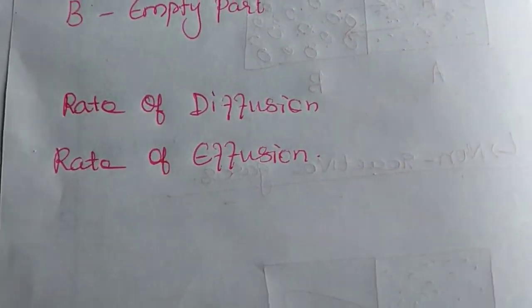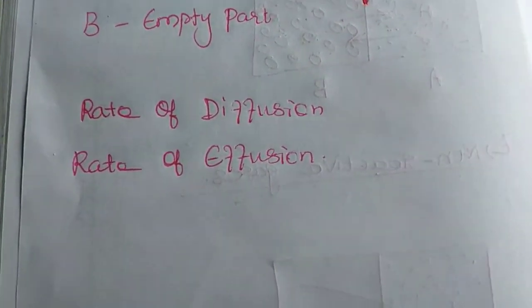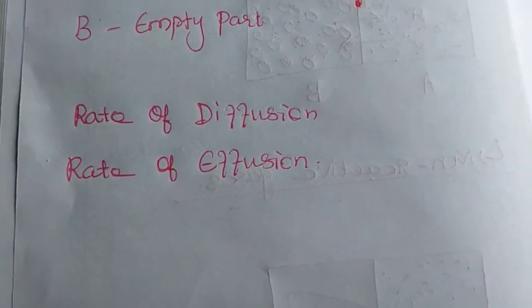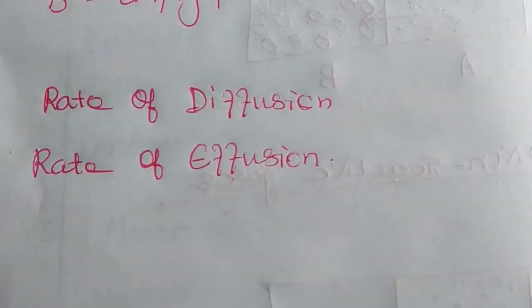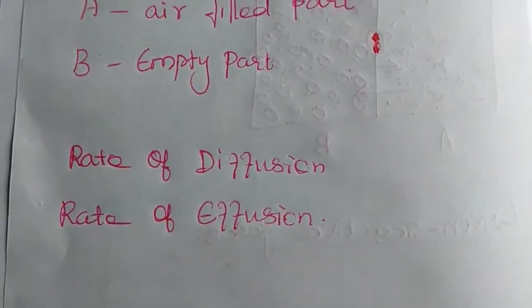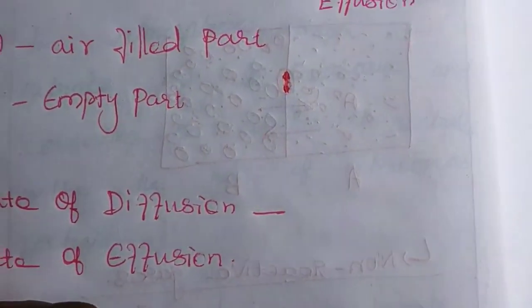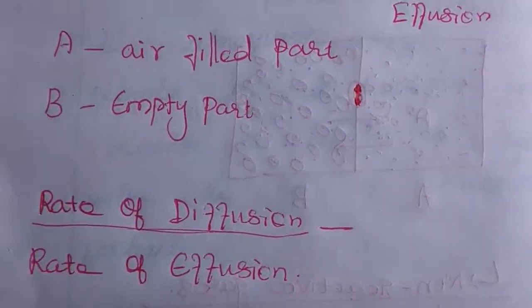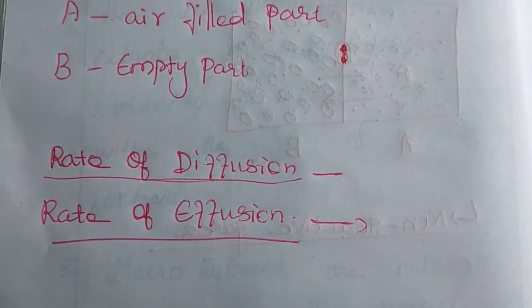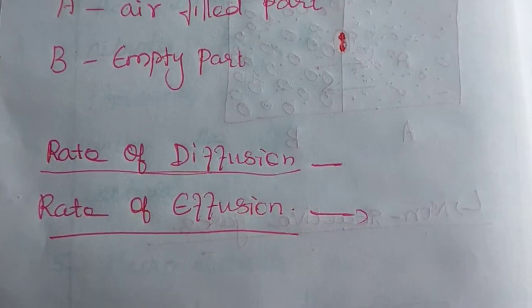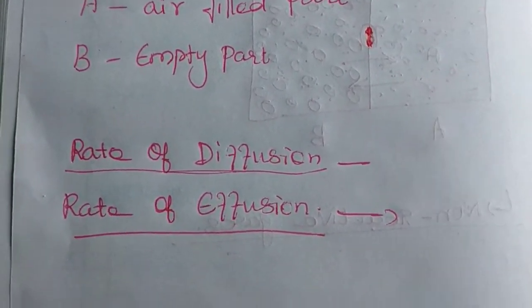In the diffusion process, how much diffusion has taken place in two gases, and how much effusion has taken place in a gas, that amount is explained by the rate of diffusion, and the effusion amount is taken by the rate of effusion. Now Graham is relating this rate of diffusion and rate of effusion with the square root of molar mass.